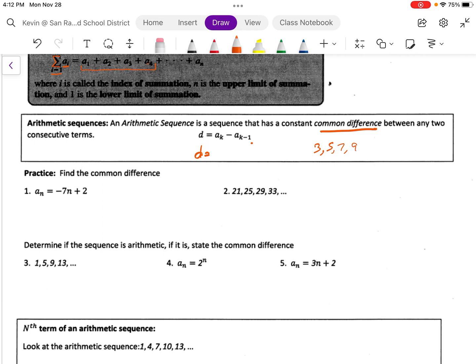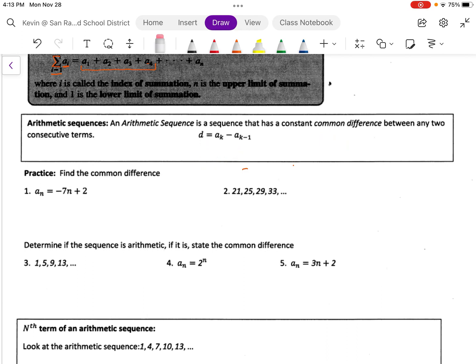Say the third term minus the second term: the third term was 7, the second term was 5. 7 minus 5 is 2, so d equals 2. We saw that before.